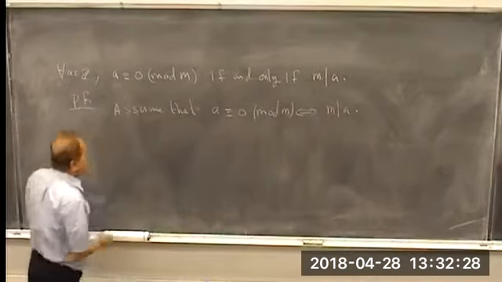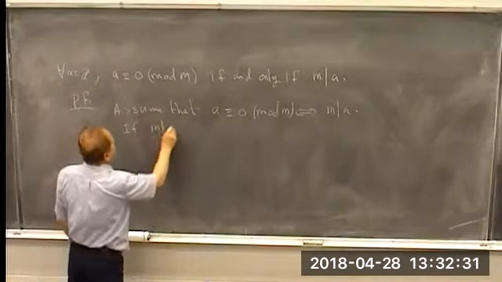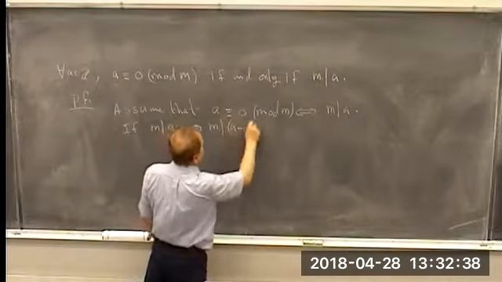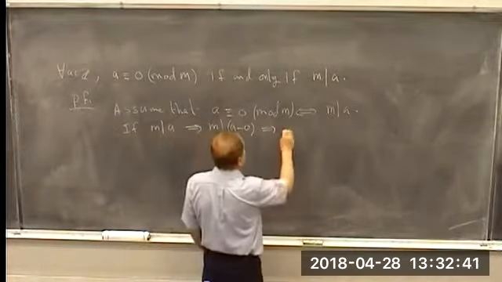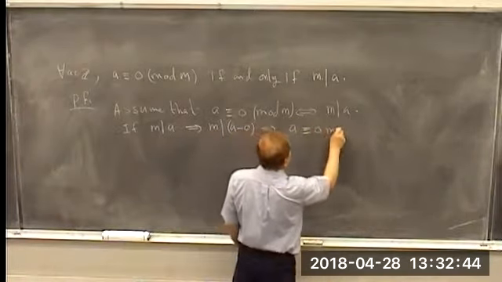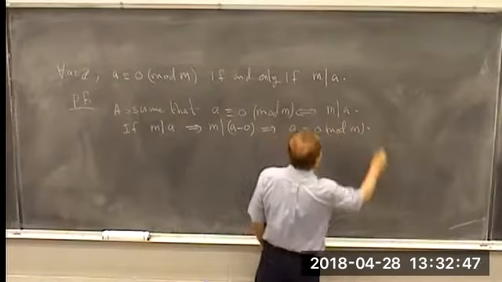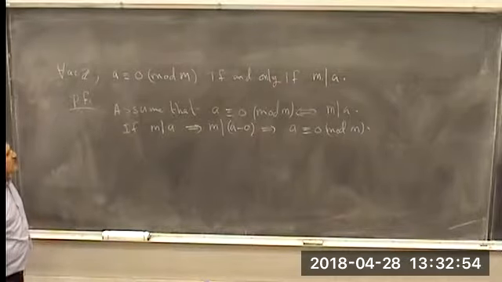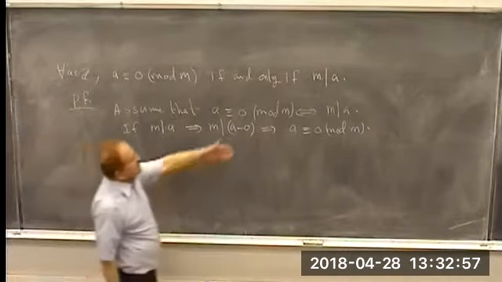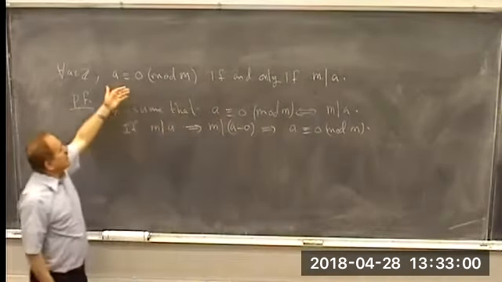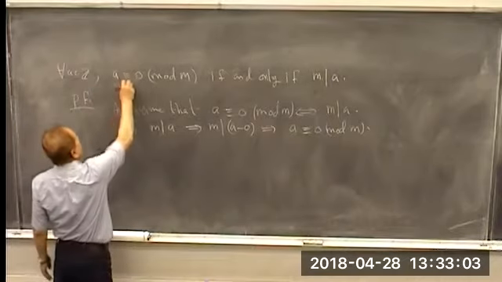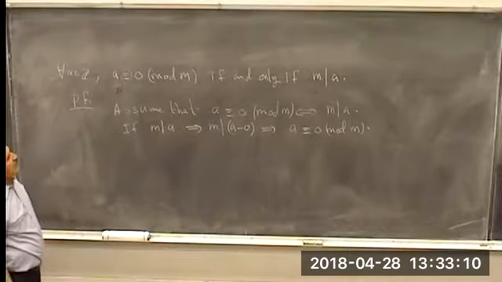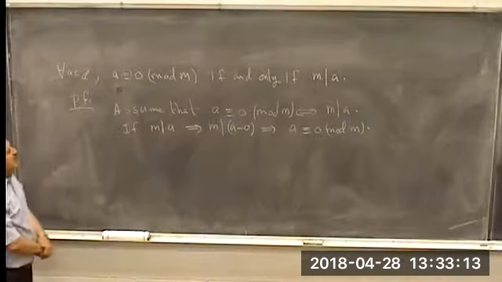The other way, if M divides A, this implies M divides A minus 0, and this implies that A is congruent to 0 mod M. What Gauss has in mind is to convert a divisibility relation to some sort of equality, because we could think of this in some sense as an equal, what we call a modular equality, or equality mod a positive number.